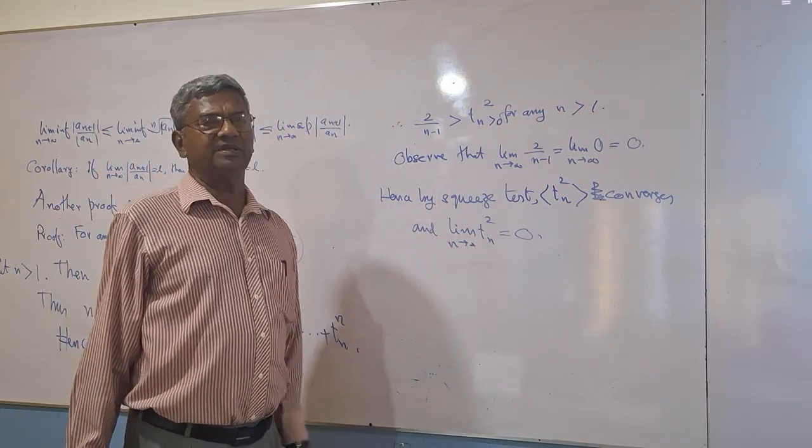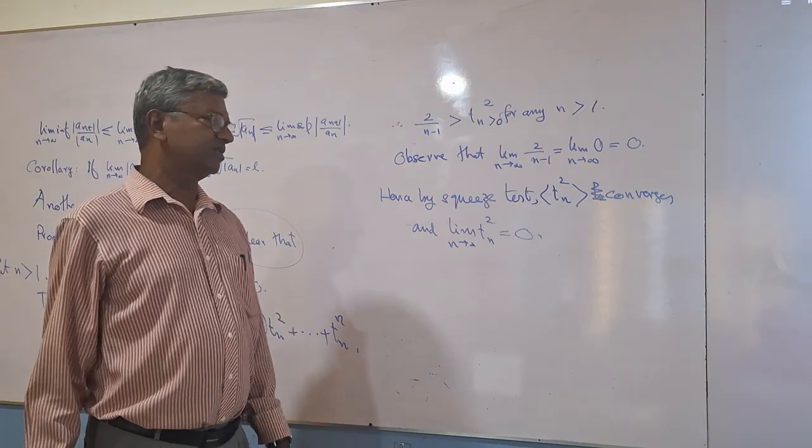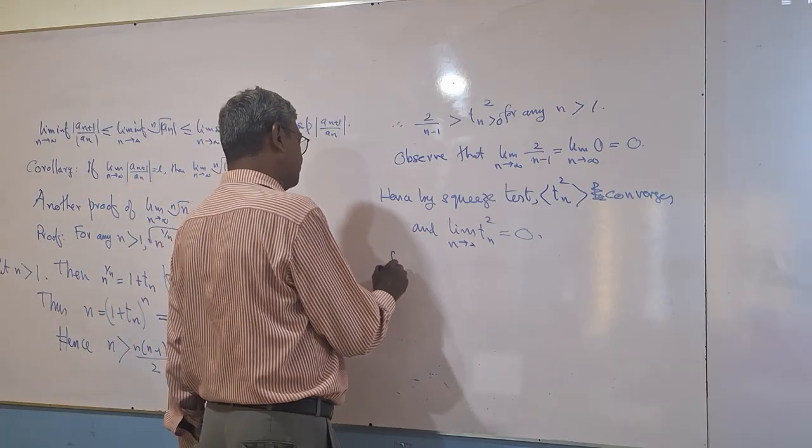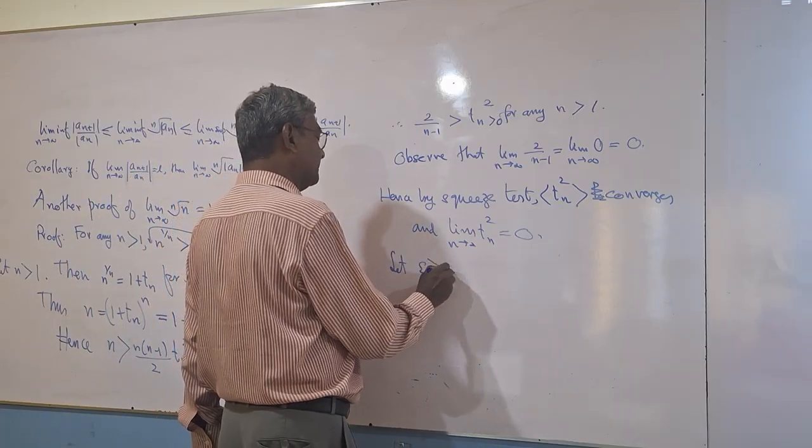Now we have to prove the limit of Tn is also 0. Let epsilon greater than 0 be arbitrary.